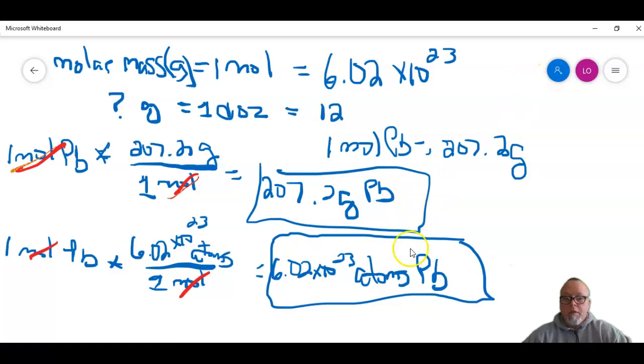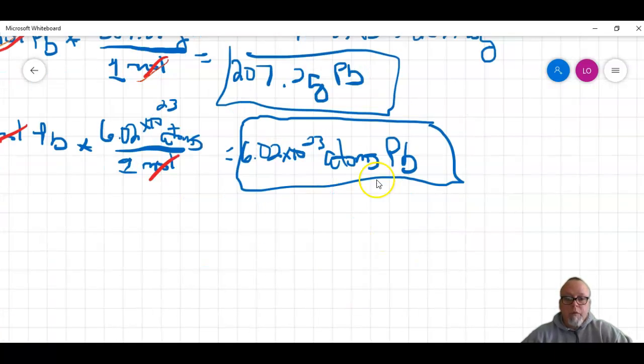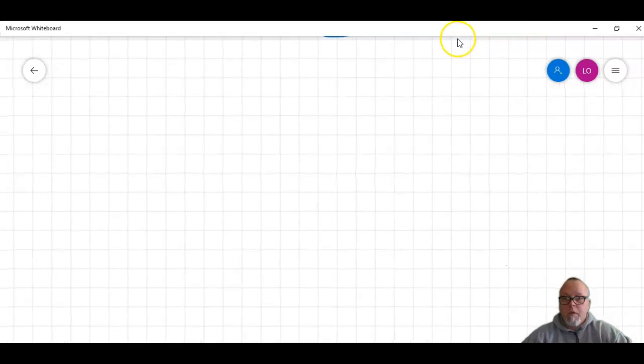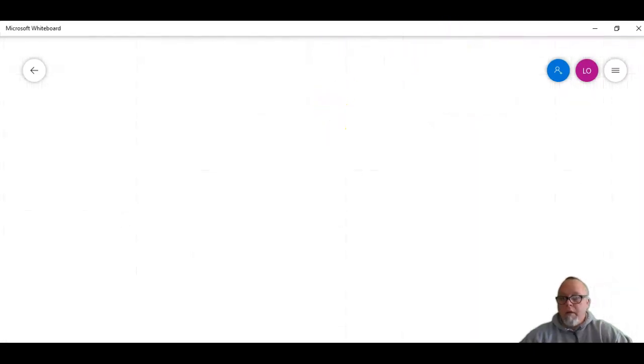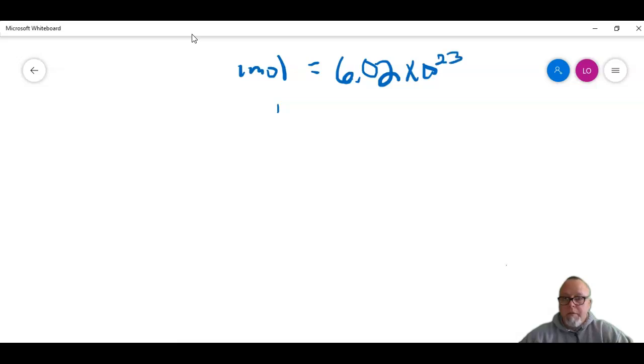Again, I would write this at the top: 1 mole is equal to 6.02 times 10 to the 23rd of something, and that is equal to the molar mass in grams.